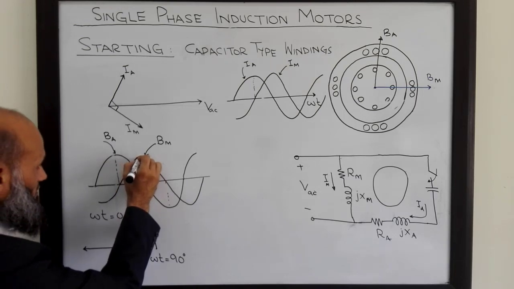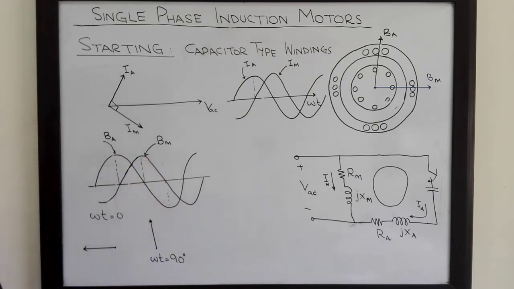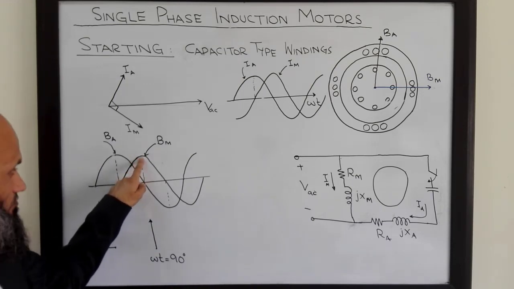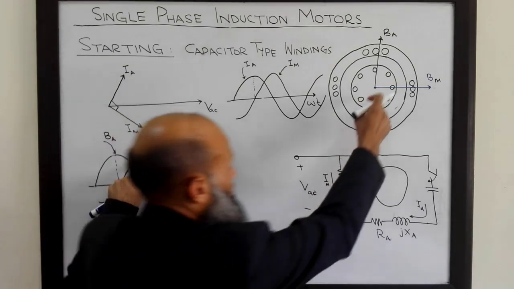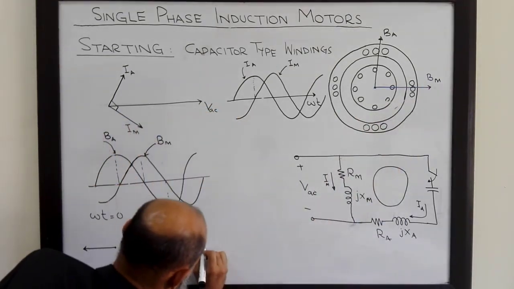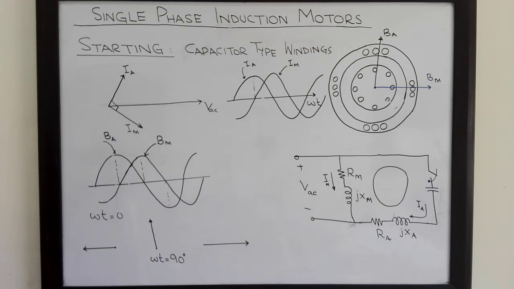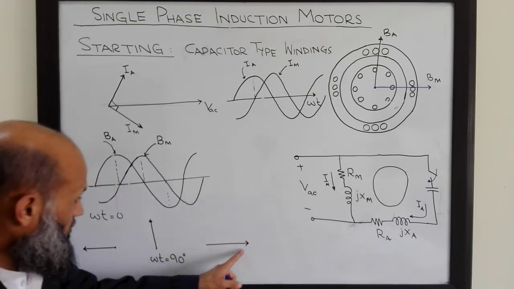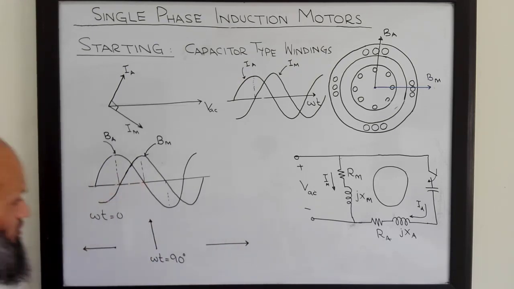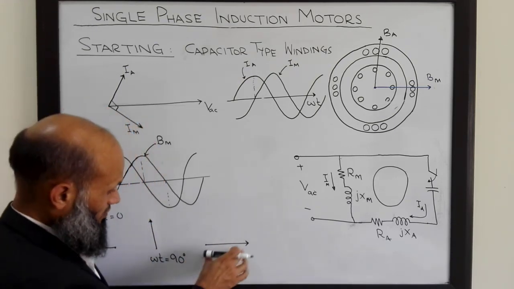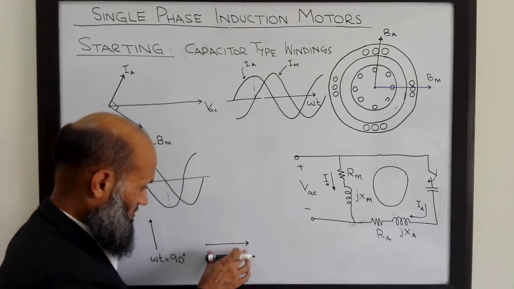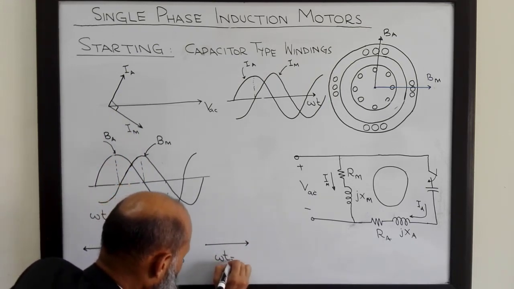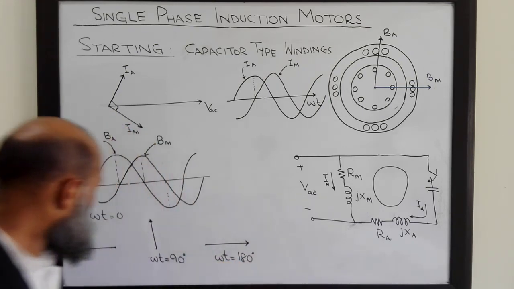Next, at omega t equal to 180 degrees, Bm has maximum magnitude and its direction is this one, with the same amplitude as before. And what about Ba? Ba is 0. The net flux density vector, the phasor sum of the two, is this one, corresponding to omega t equal to 180 degrees.